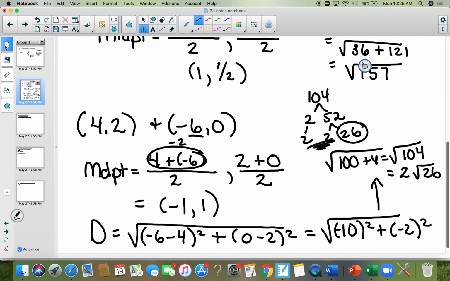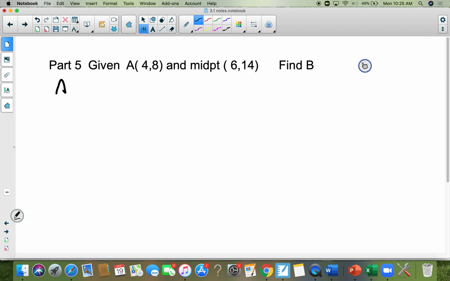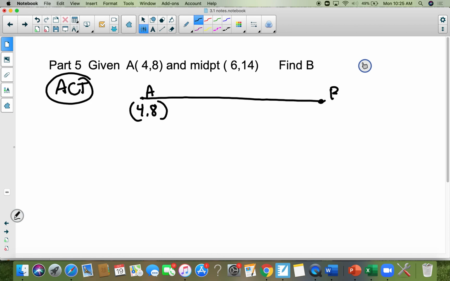Okay, the next page I'm going to skip, and then I'm just going to go to this one. I've seen this one on the ACTs. It might be part of your homework, but I've seen this on the ACT. Given that 4, 8 is a point A, and the midpoint, and you know that B is down here, and your midpoint is 6, 14, they want you to find the other point.